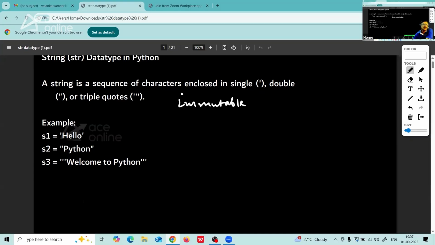What that means is, if S1 is hello, then I can't change one particular element of S1 by writing S1[0] is equal to B. What I mean is, hello should become bello. It's not possible. This will give error. I hope you recall. None of the items, none of the characters of S1 can be changed. Once the string is stored, it is stored. It can't change.